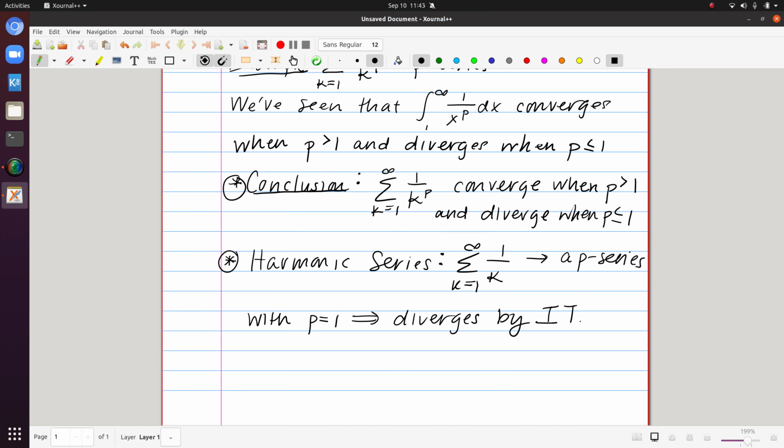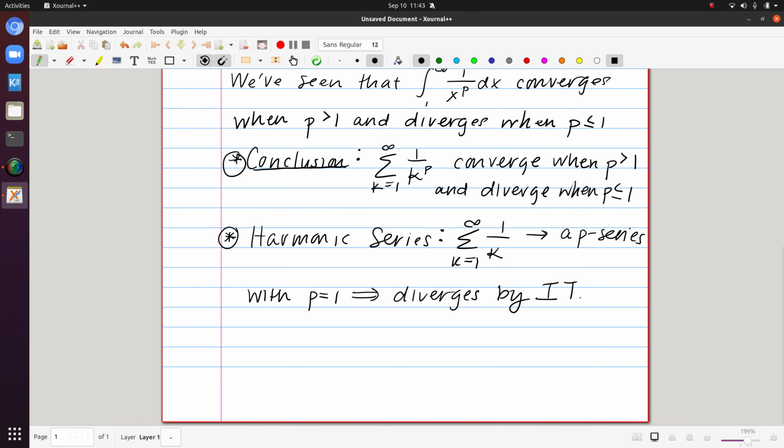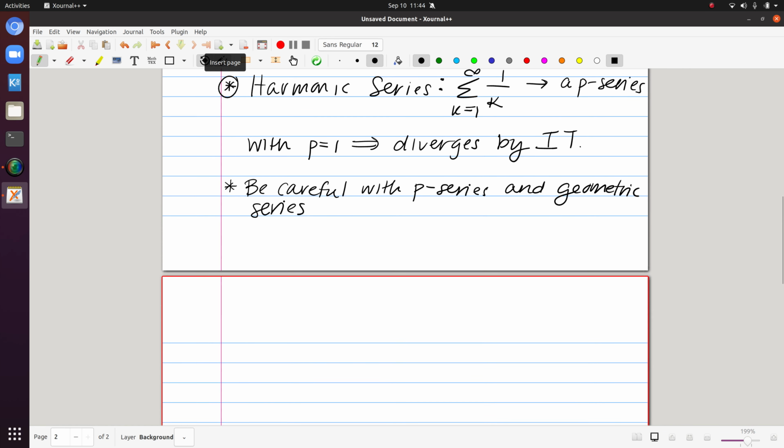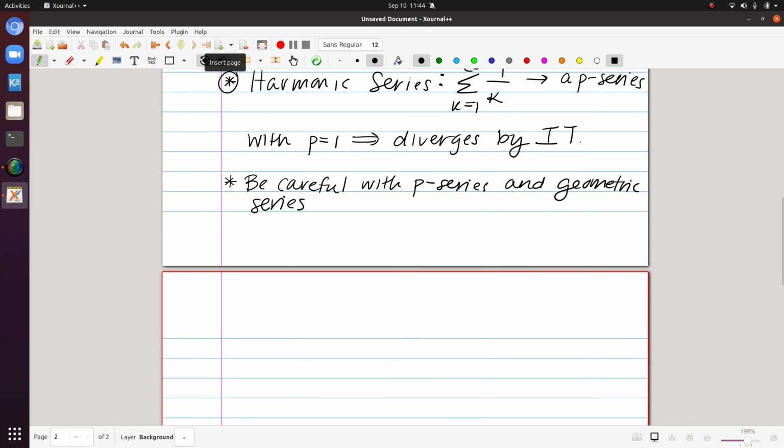And then finally, the other thing I'll point out here is another kind of warning. Be careful with p series and geometric series. These are often confused, I would say, because of course there's some similarity in their presentation, but think about what's different.